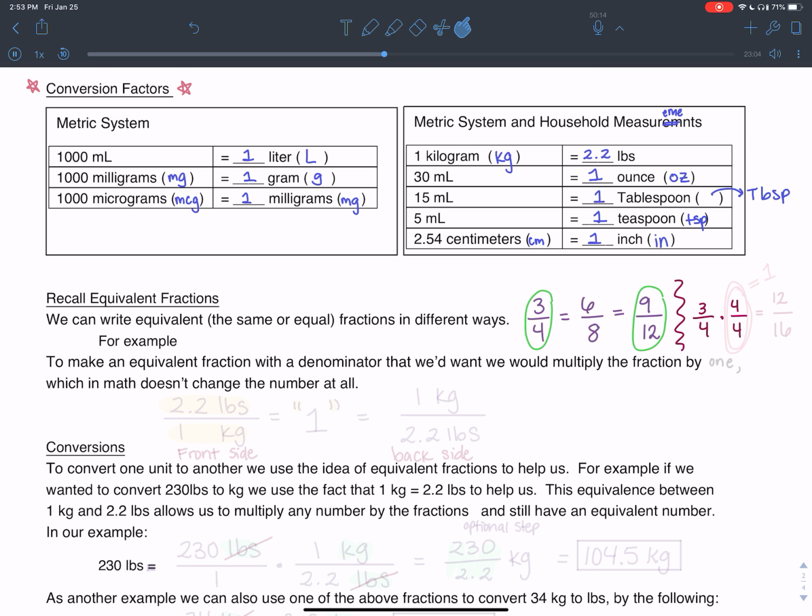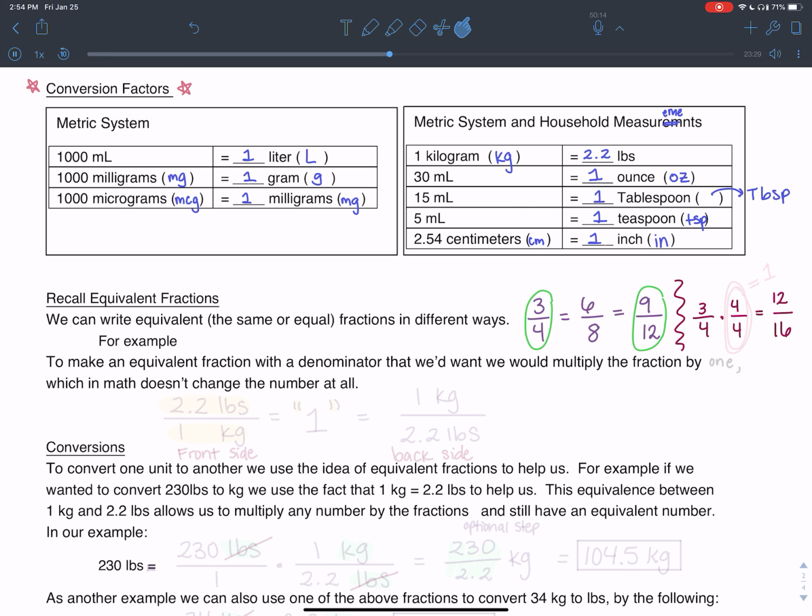If we multiply 3 times 4, I get 12, and on the bottom I get 4 times 4, which is 16. This number, 12/16, is equal to 3/4. If I multiply the top and the bottom by the same thing, I get the same fraction back. This is an equivalent fraction.